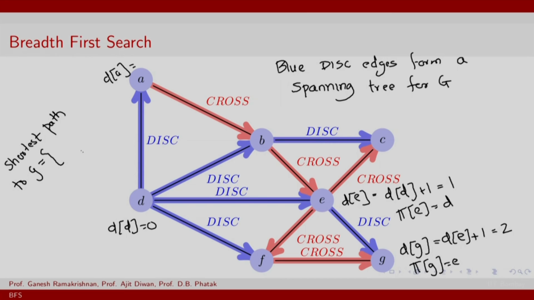So look at the parent of G and then E and then D, and then walk backwards. So that gets you to D, E, G, and has length dG equals 2. And in case you want to be more explicit, you could actually write down this path: pi of E comma pi of G comma G.